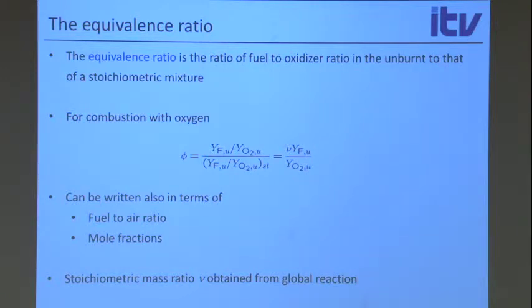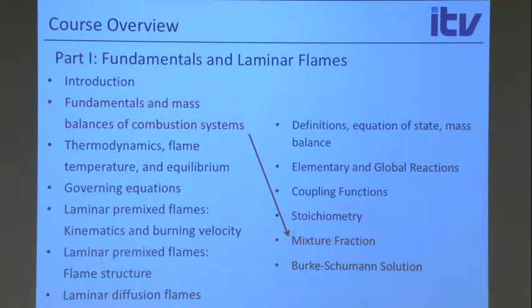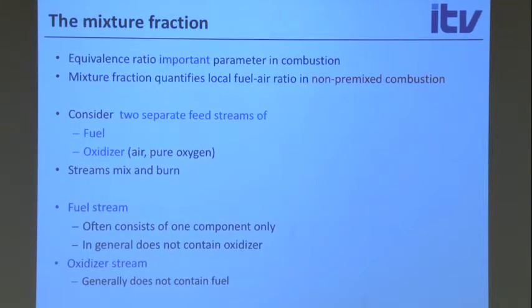And if it's 0.5, I know I have exactly half of what I need. I can also write this in terms of mole fractions. It works for both mole fraction and mass fraction. But the equivalence ratio everyone knows anyway.